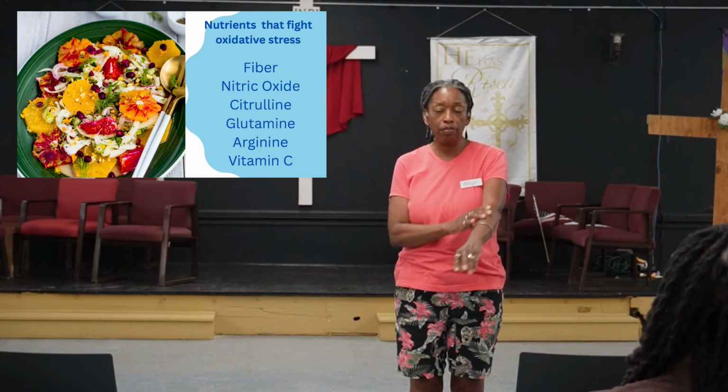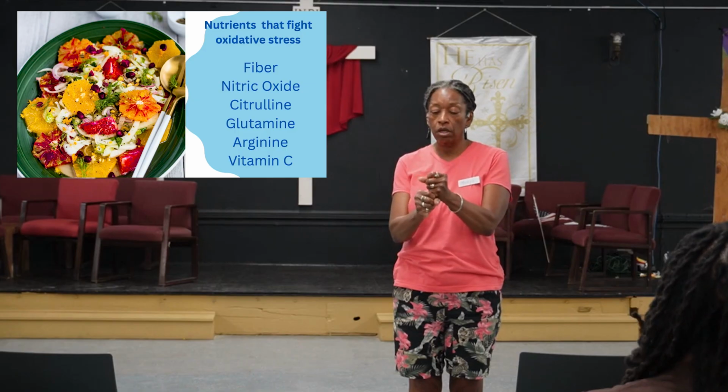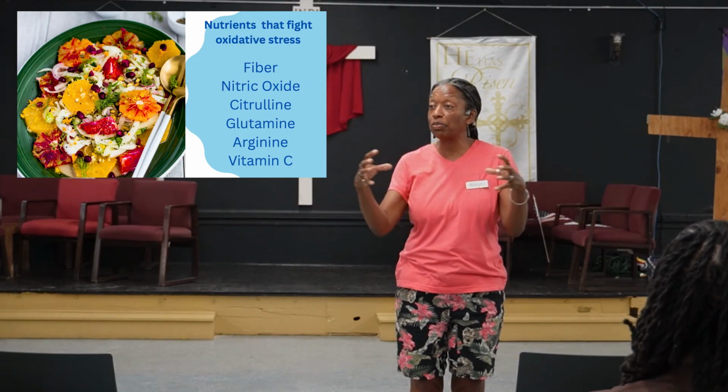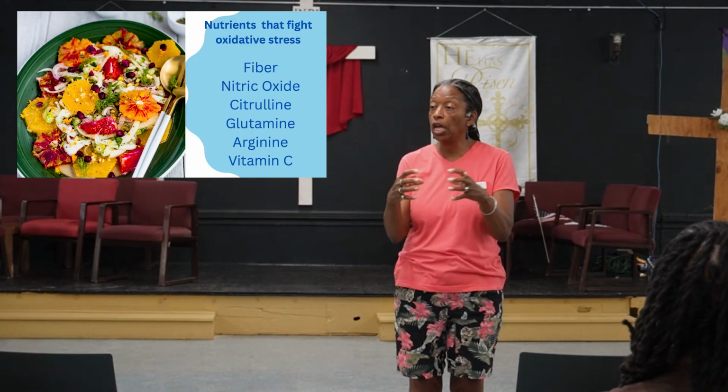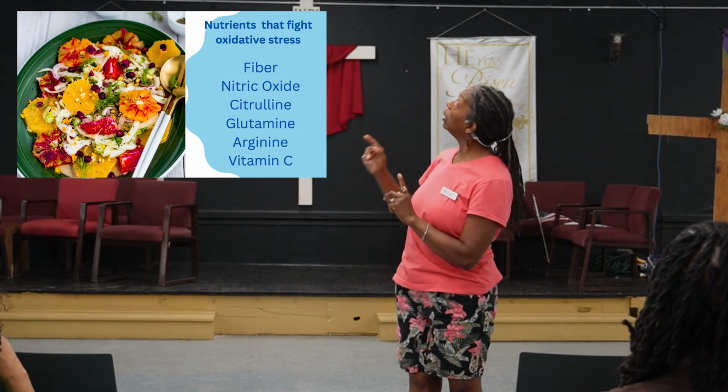For example, high blood pressure also shows up with rigidity in the blood vessels, or blood vessels that don't expand as needed. So these same things would help with that. We'll just go through them a little bit.